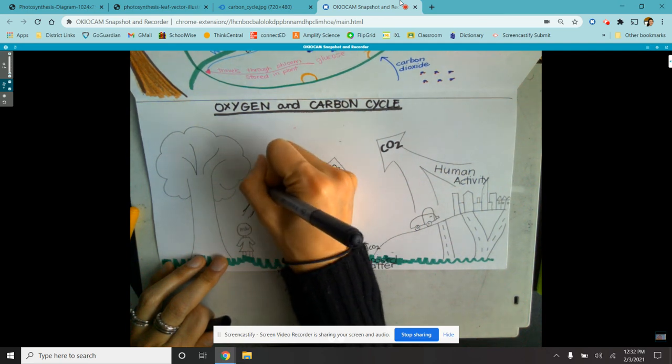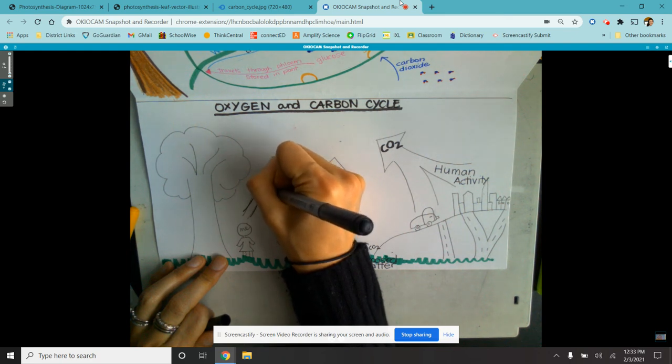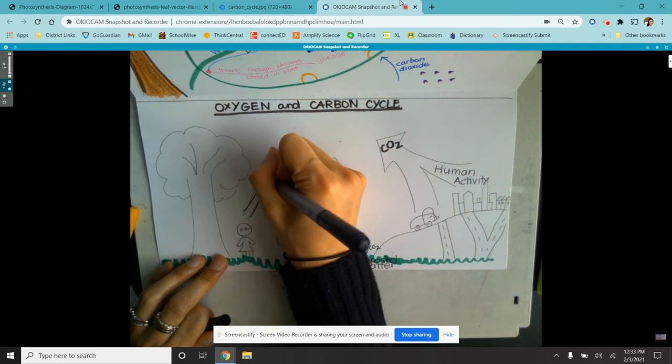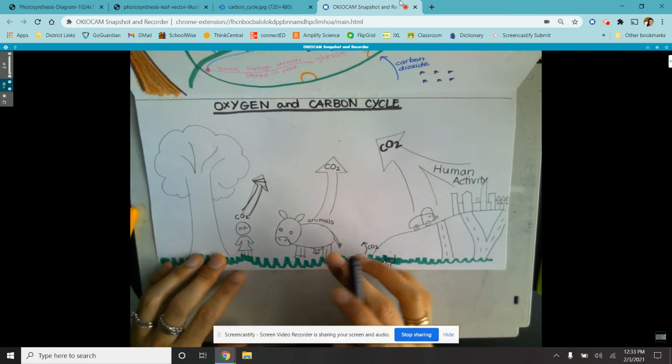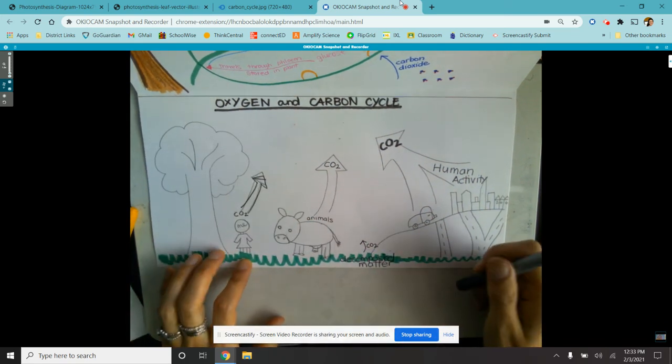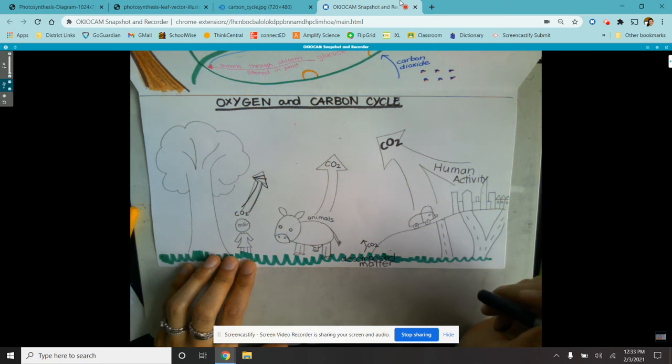I made that a bit too thick, so I'm going to fix my arrow. When I exhale, I release CO2. And I reset and fix it.